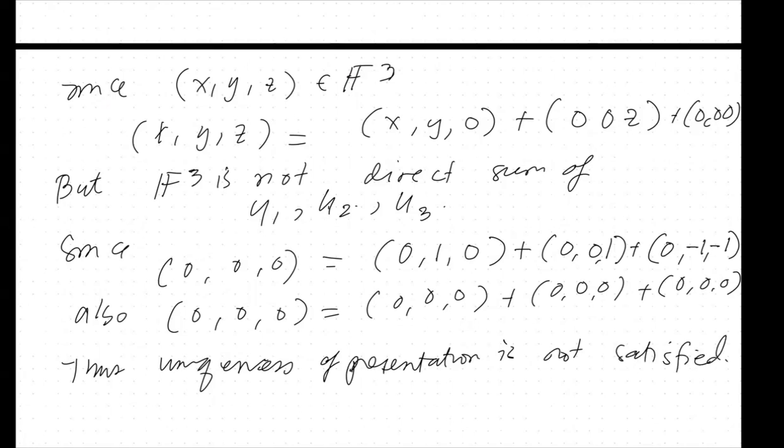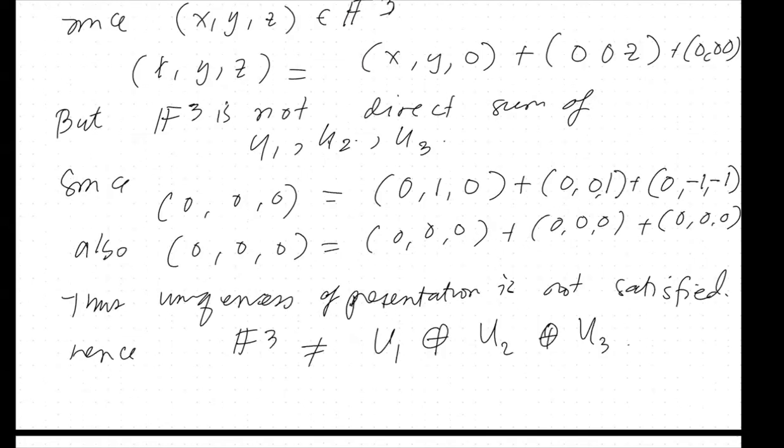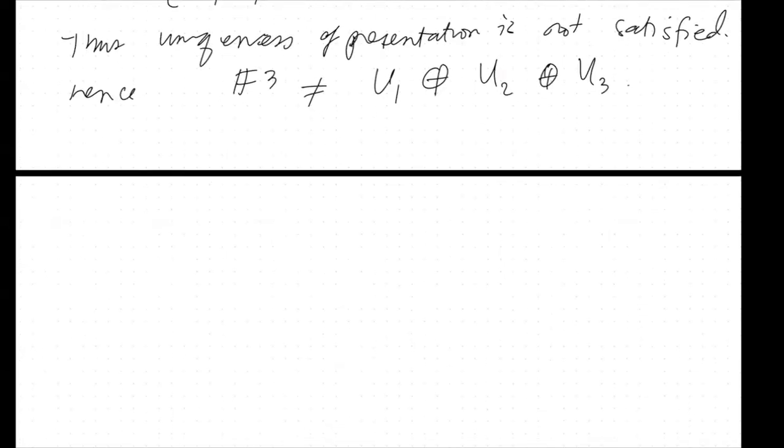Hence F^3 is not the direct sum of U1, U2, U3. All right, that's it. Let us now go to a theorem about direct sum.